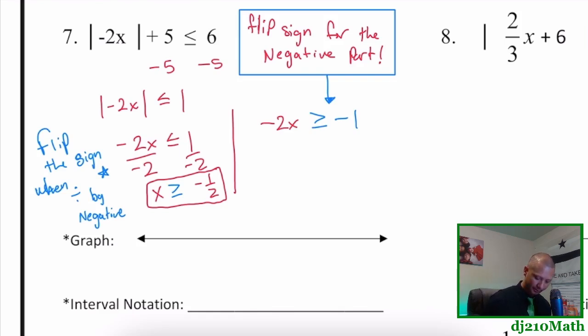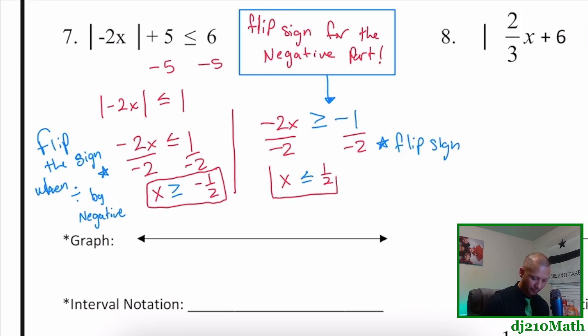On the right-hand side, we're dividing by negative 2, both sides. So again, when you're dividing by a negative, you got to flip the sign. So this is going to be x less than or equal, negative divided by negative is a positive 1/2. Okay, so these are our two inequalities.